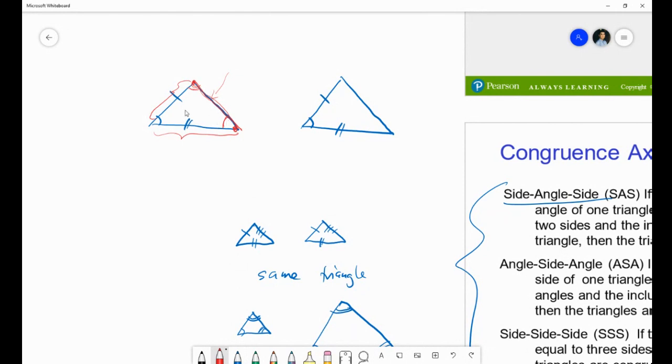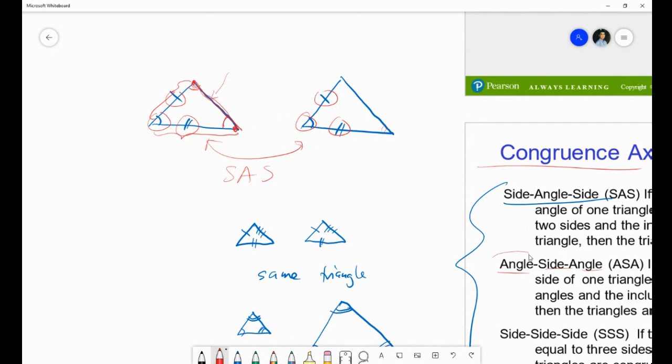So if two triangles have the same side, angle, and side, they must be the same. Hence we call that the congruence axiom, and this is one of them: side, angle, side. Similarly, angle, side, angle, for the same reasoning: these two triangles must be the same if you have angle, side, and then angle.